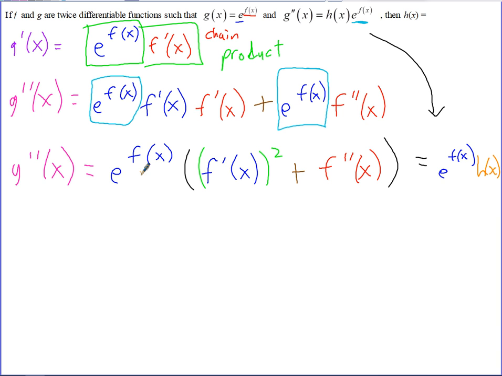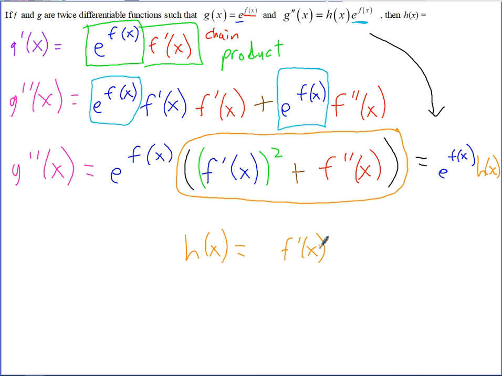And here's the e to the f of x, so notice because of this format here, h of x would have to equal this same expression here. Okay. So we know h of x is f prime of x squared plus f double prime of x.